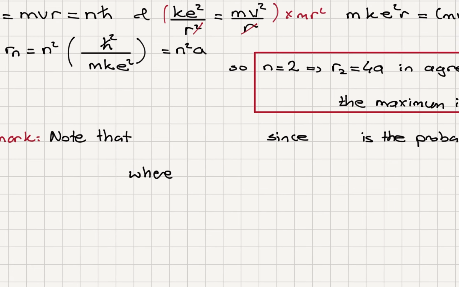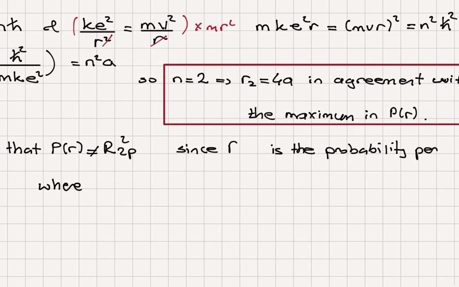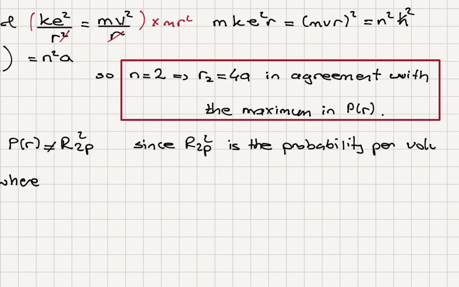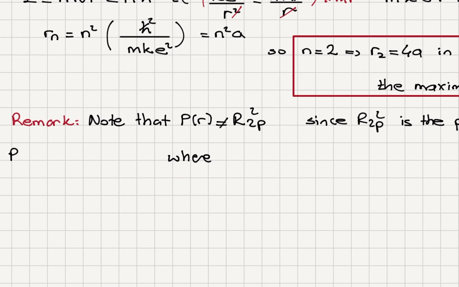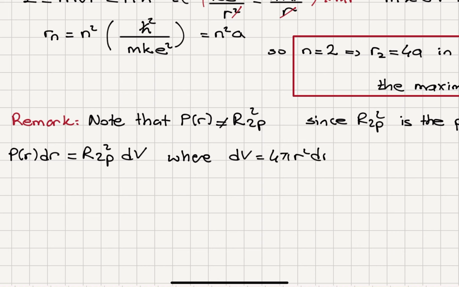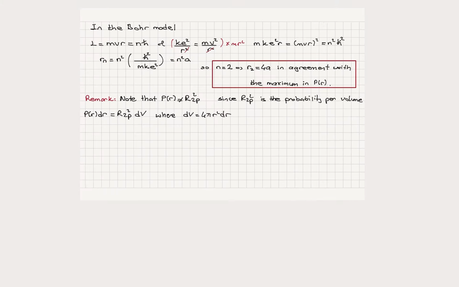Now, as a remark, I want to note here that the radial probability density is not equal to R_2p squared, since R_2p squared is the probability density per volume. Therefore, we have P(r) dr equal to R_2p squared dV, where the differential volume is 4 pi r squared dr for a spherical shell.